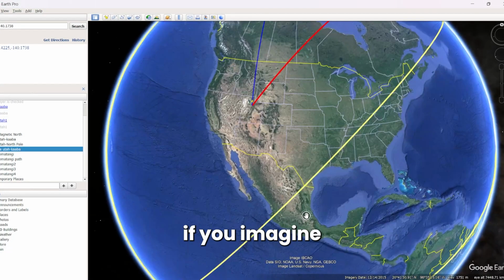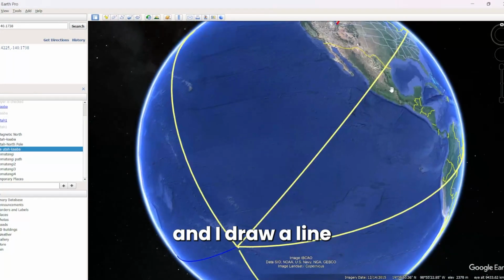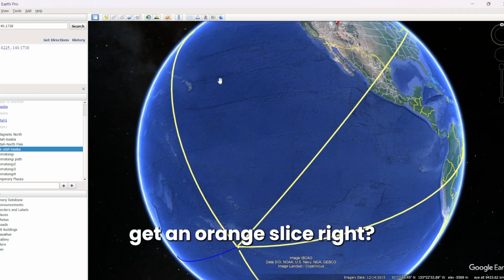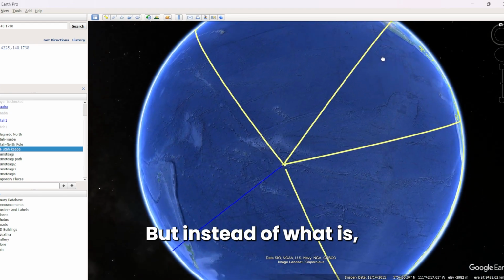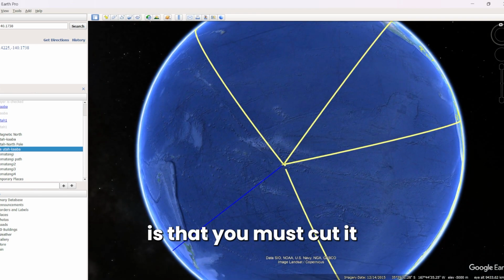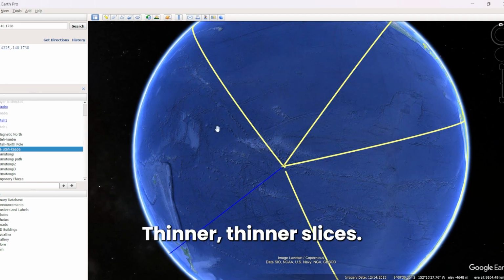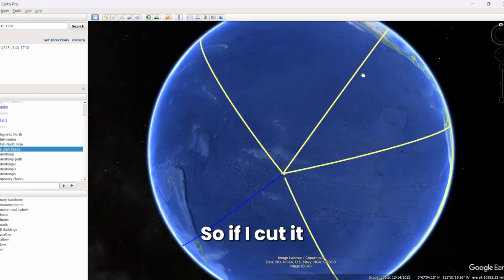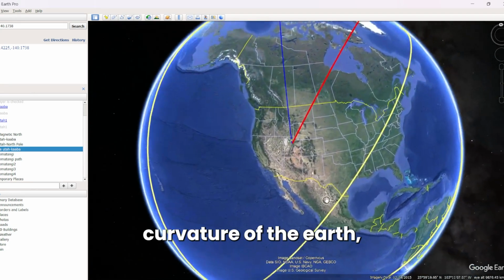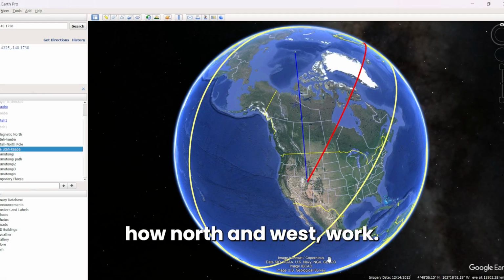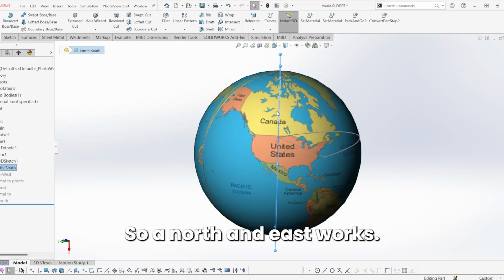So for example, if you imagine earth is like this, and I draw a line and I cut the earth, if I cut it this way, I will effectively get an orange slice, right? But instead of what is being said is that you must cut it such that you have a circle. Every cut results in a circle, thinner and thinner slices. So if I cut it following the curvature of the earth, I will get an orange slice. But that's not how north and east work.